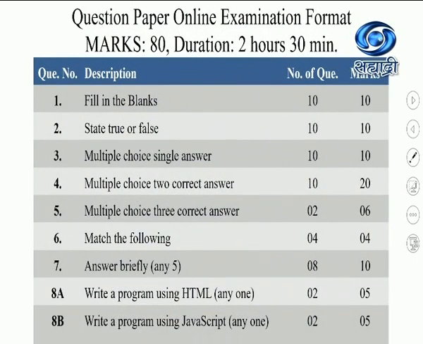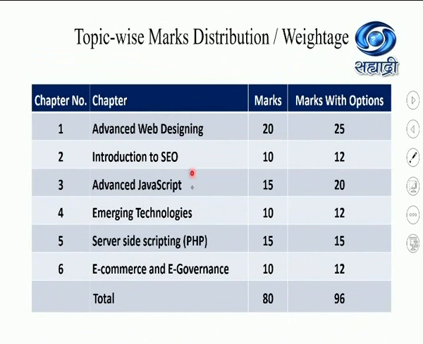Which 2 marks option? In answer briefly, you will get one extra question from SEO. From advanced JavaScript, again one program, just now we have seen, will be the optional thing. In emerging technologies, again a 2 marks short answer question will be there for the optional thing.